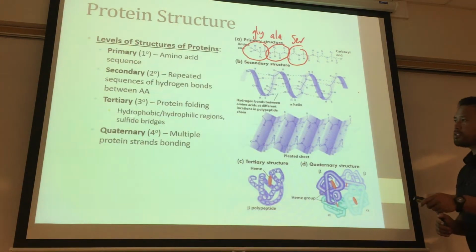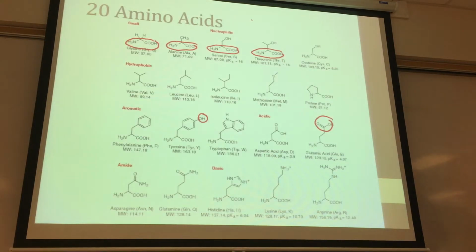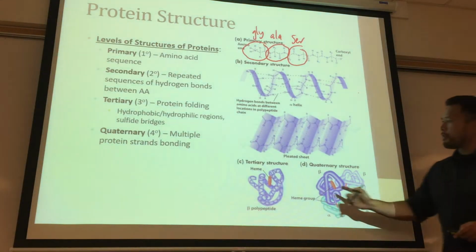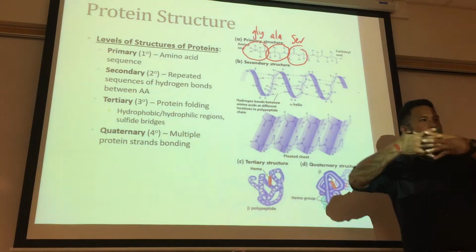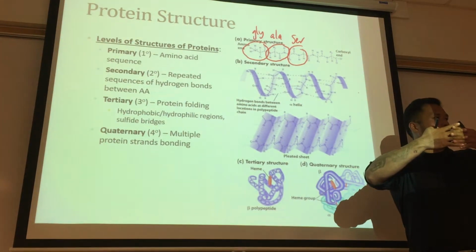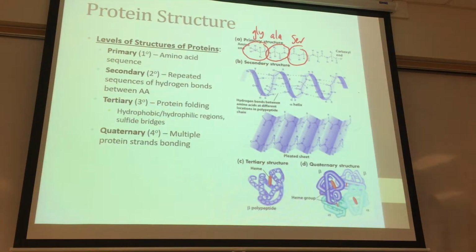There are also going to be sulfide bridges. If I go back and look, I should see one. Oh, look, methionine has one. Cysteine has them. Any two that are somewhat close together, if they get close enough, will bridge together and hold very strongly. So that's the tertiary structure.